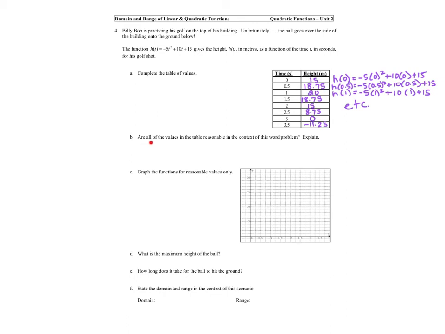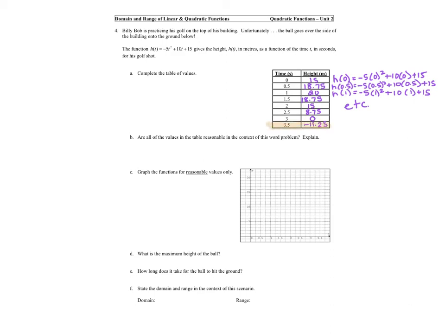Question B is asking, are all the values in the table reasonable for the context of this word problem? The context of the word problem is t is time and h is height. So this point here is not reasonable because it's not reasonable to have a negative height.